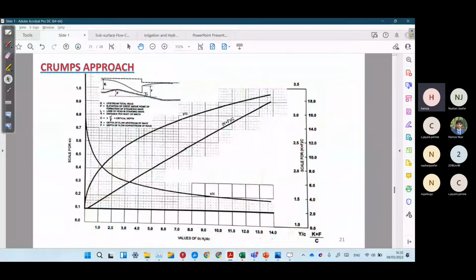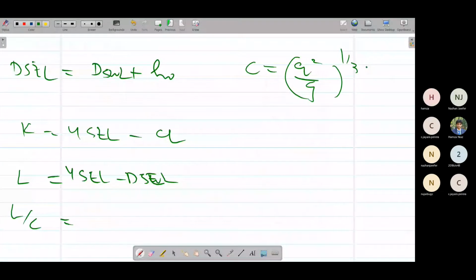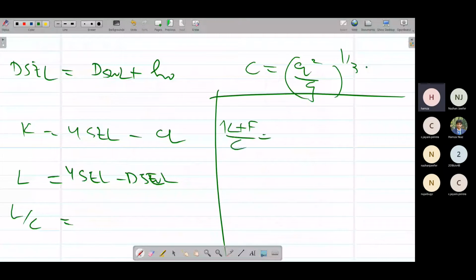For example, our L over C value was about 2. So for this 2 value, we have to move to this curve, go horizontally, and our K plus F over C value would be 4.5, I think. So K plus F over C value we have written as 4.5 from graph.